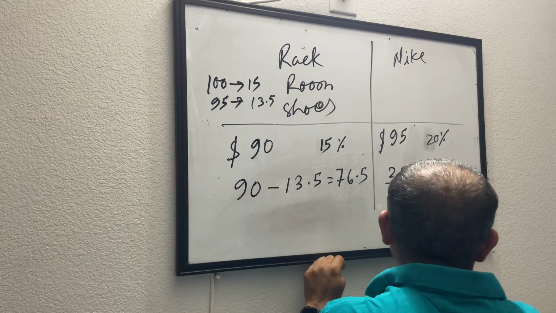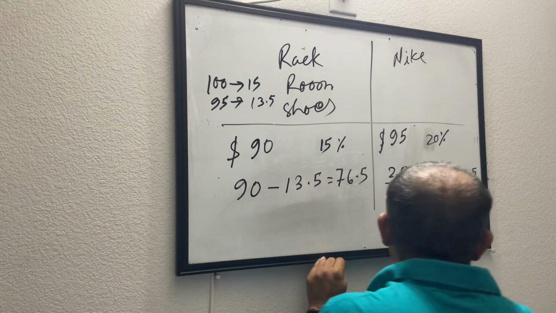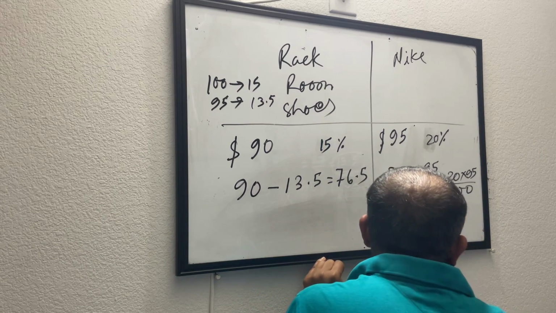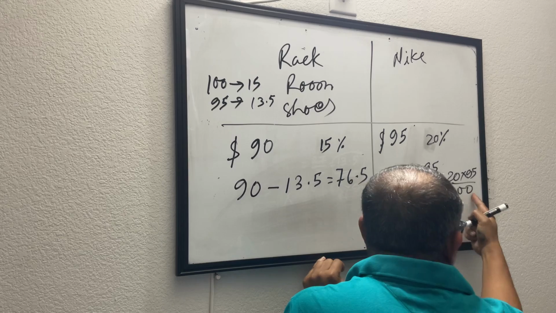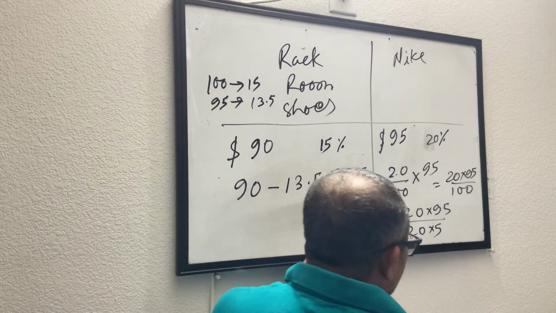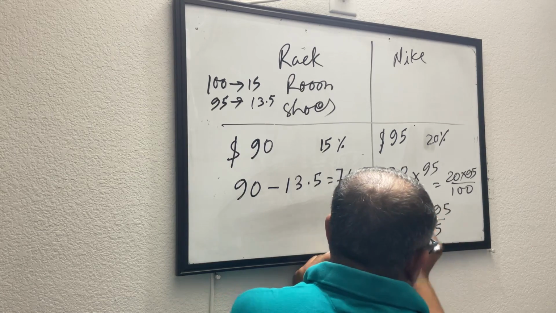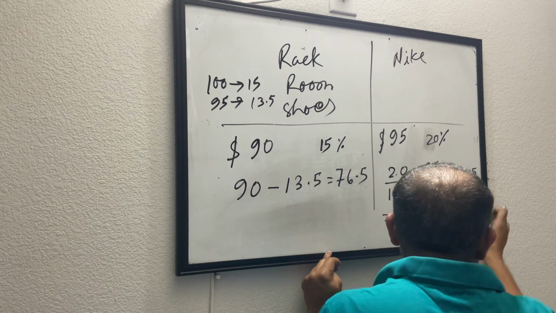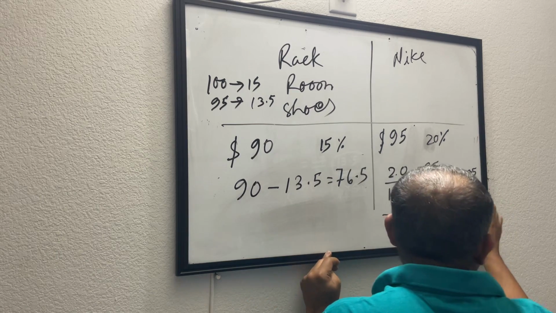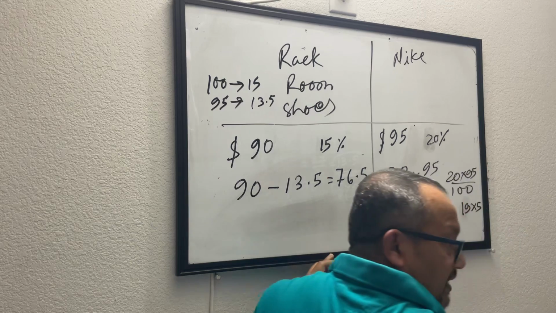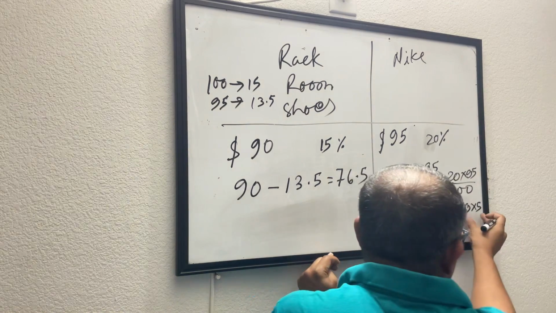These two are on the second floor, this is on the first floor. Now, 20 into 95. See, if I can break this: 100, I can say 20 into 5, right? What we have is 95 by 5. 95, if you guys remember, is 19 into 5. 19 times 5 is 95.